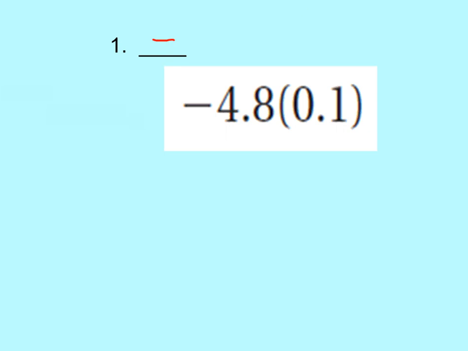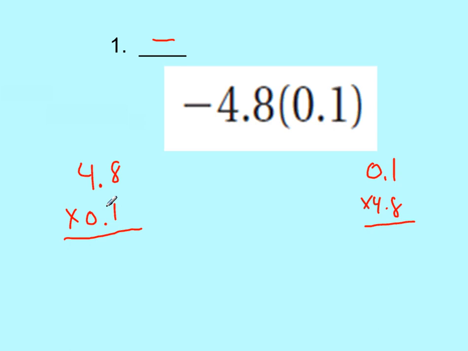So I like to stack it as 4.8 times 0.1. That looks better to me than 0.1 times 4.8. For some reason, that just looks confusing to me.